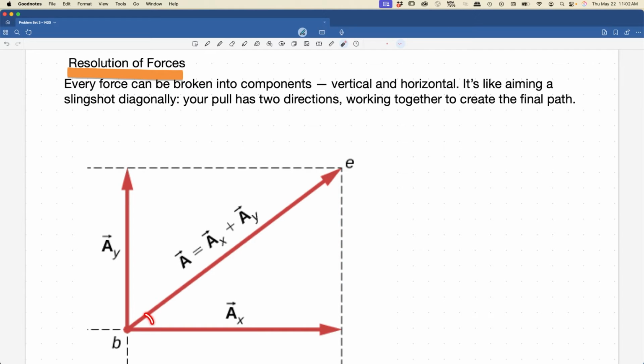When you get the triangle, and if you take this as the angle, the x component is always cosine of the angle and the y is sine of the angle. So for example, if vector A is 5 units and the angle is 20 degrees, then the x component would be 5 cosine 20 and the y component would be 5 sine 20.